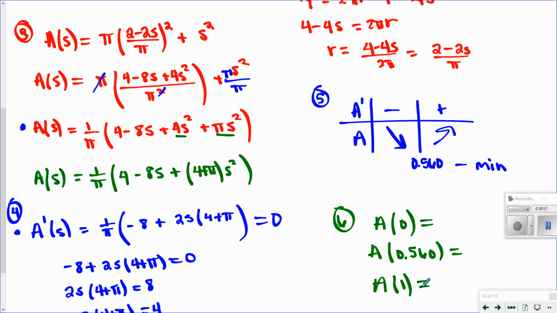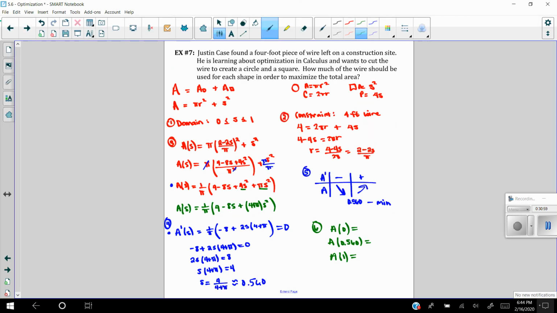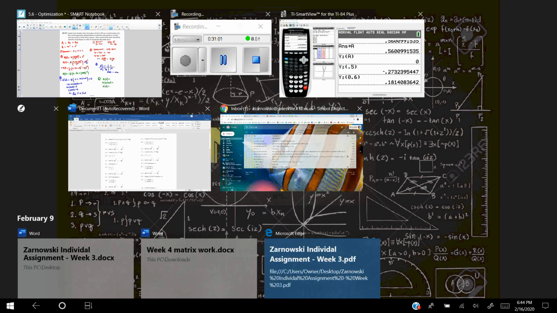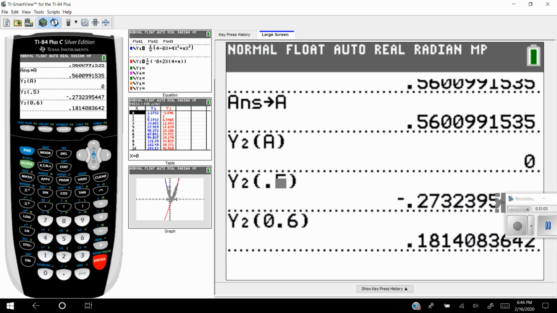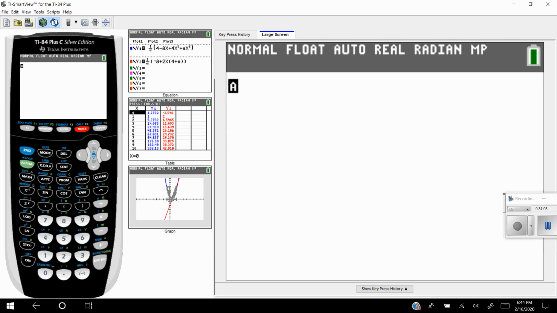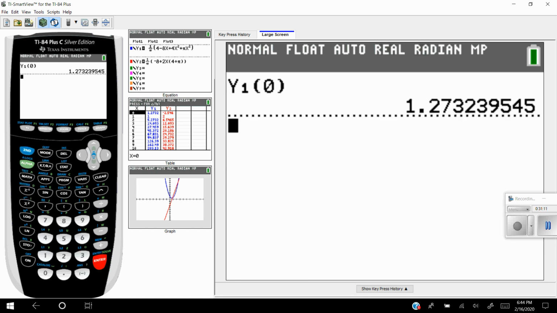And so I stored the area function in my calculator as y1. So y1 of 0 yields a total area, because now remember this would give us the square an area of 0. So this would be the area of just having a circle.